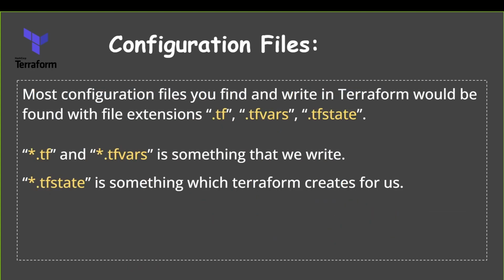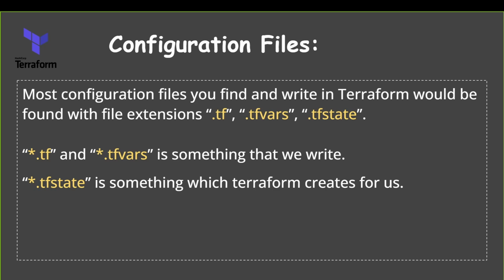Now, what are the extension files that we would be dealing with? There are many extensions apart from these, but these are the basic ones that we will be using. The first is .tf, that is a Terraform file. The other is .tfvars, which is used to save variables. We'll be looking at variables probably in the third class from now.